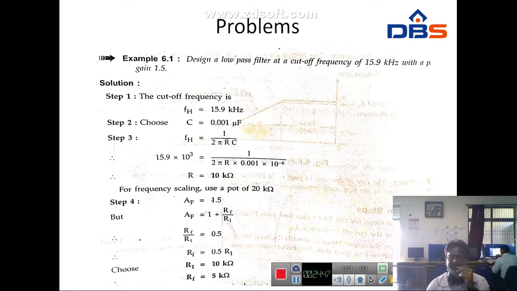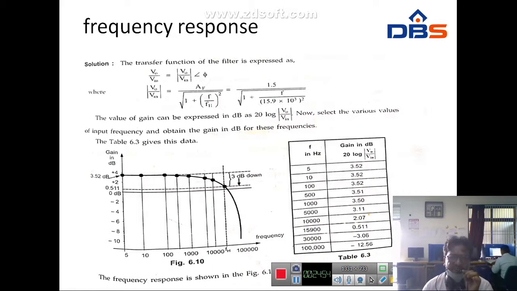This shows how to design a low pass filter for a given cutoff frequency with a pass band gain. And the frequency response of any low pass filter is calculated from the transfer function of the filter, expressed in terms of the magnitude of V naught by V1.